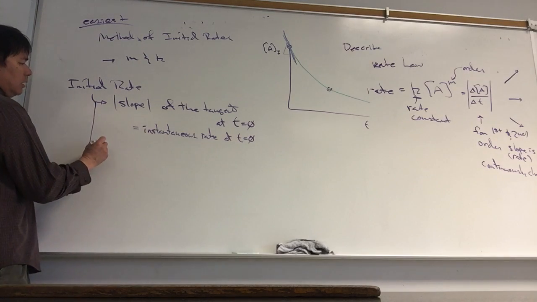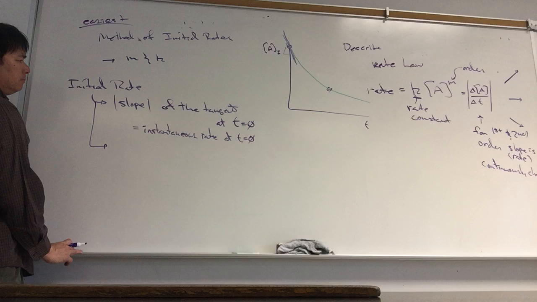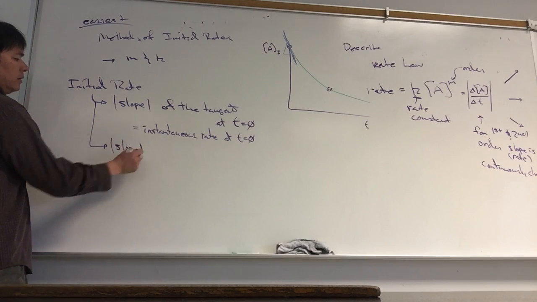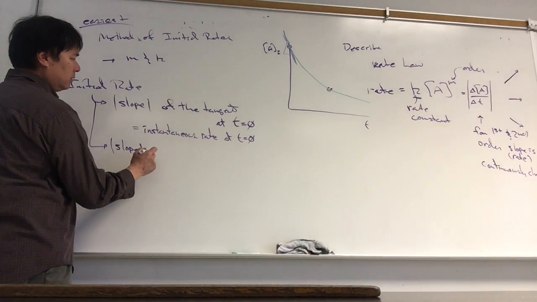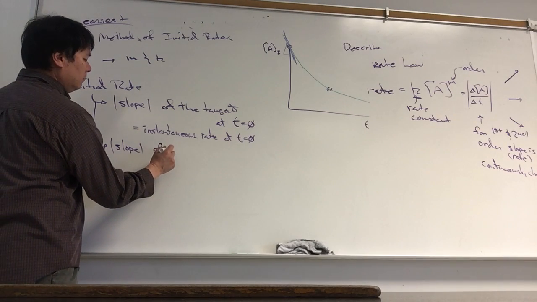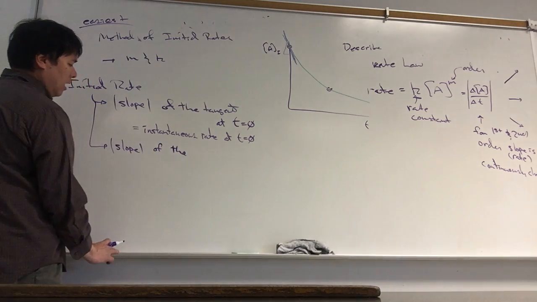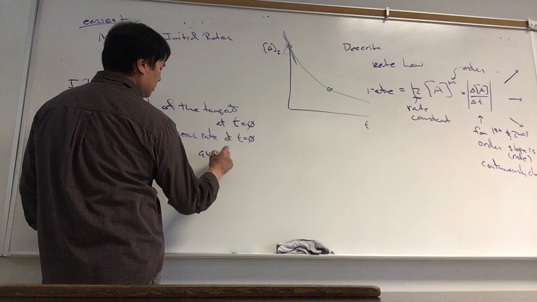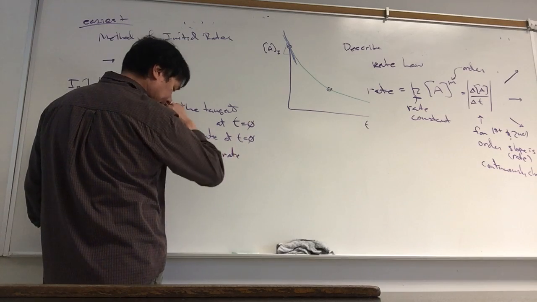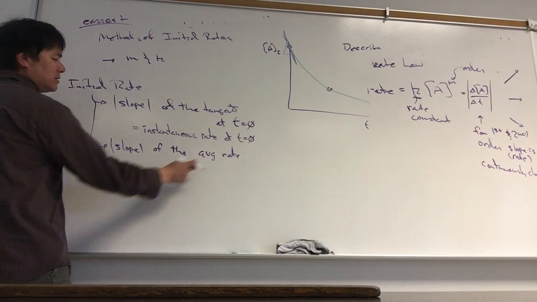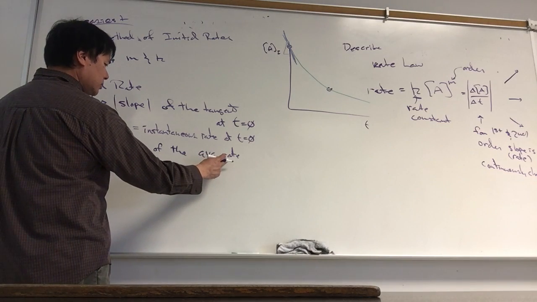But we've got to make sure, so we'll take the absolute value of the slope of the average rate when, actually this is not right, because this is the slope of the average.